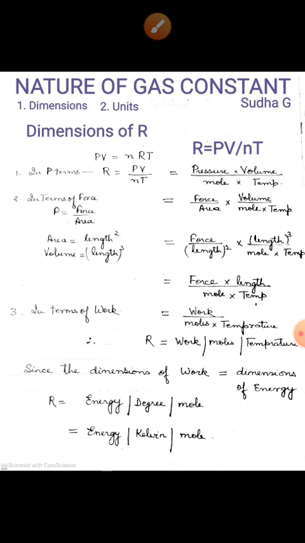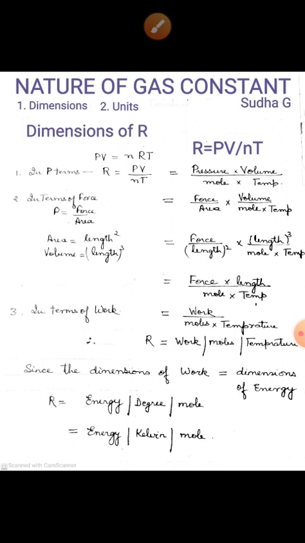Substituting this formula in place of pressure, we get force upon area into volume per mole per temperature. Now volume can be in terms of length. Volume is equal to length cube, area is equal to length square. Putting these values, we get force upon length square into length cube upon mole into temperature.